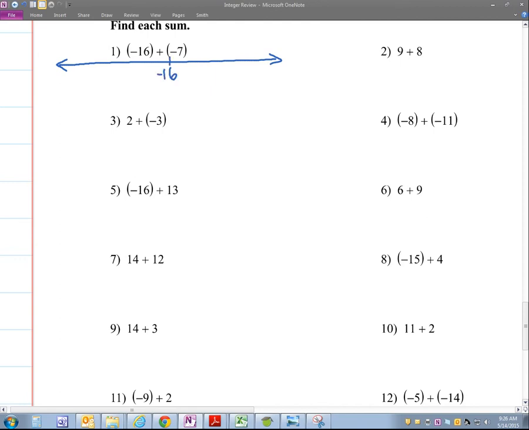I know that I'm only dealing with 7, so I'm going to go 7 higher and 7 lower from that. 1, 2, 3, 4, 5, 6, 7. This one is going to be 16, 15, 14, 13, 12, 11, 10, 9, and then 17, 18, 19, 20, 21, 22, 23.